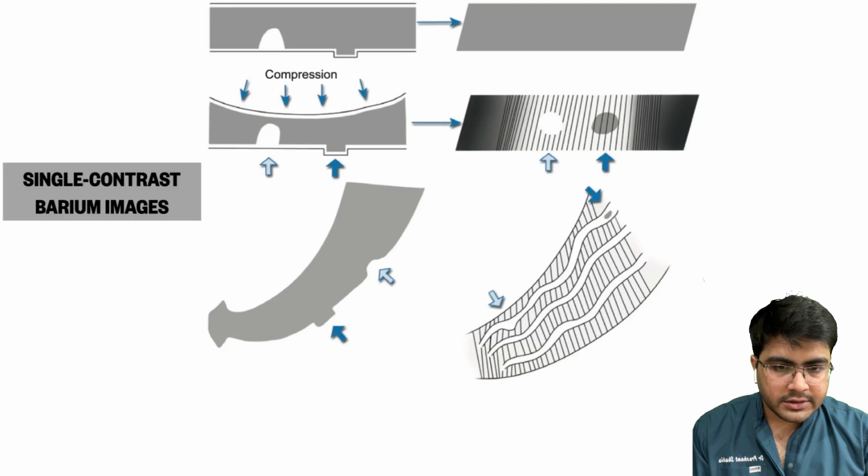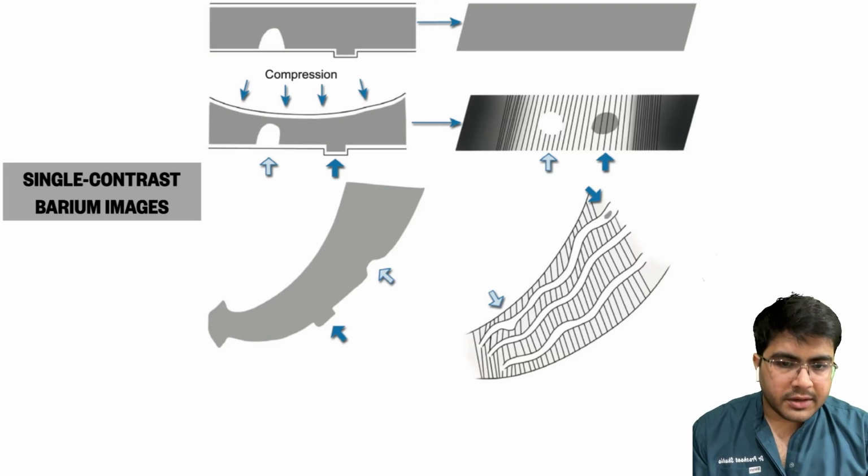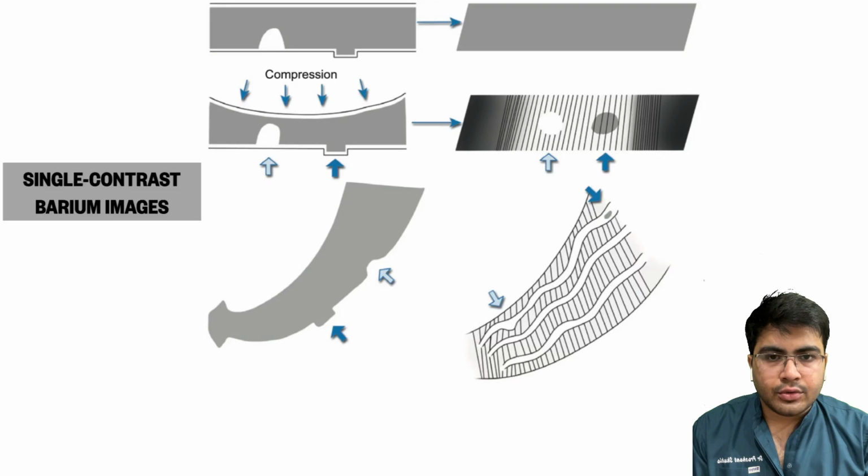contrast barium image. So here in the first image you can see that if the patient is having any polyp or any ulceration, and we just ask the patient to ingest the barium dye and get an x-ray done, we will find that it is falsely negative.